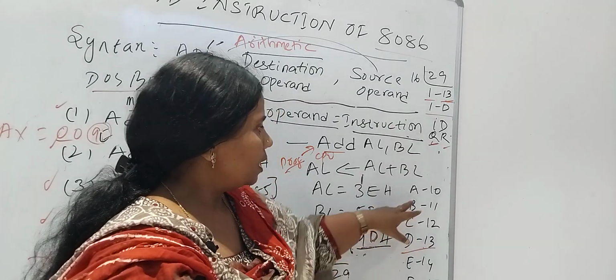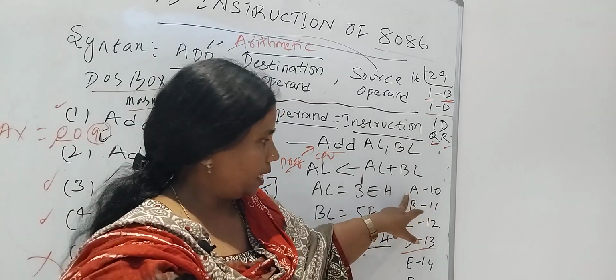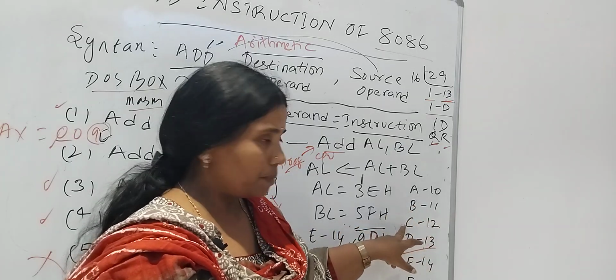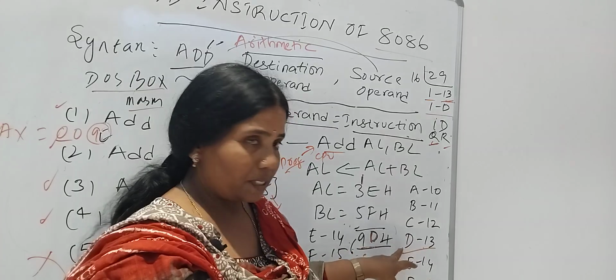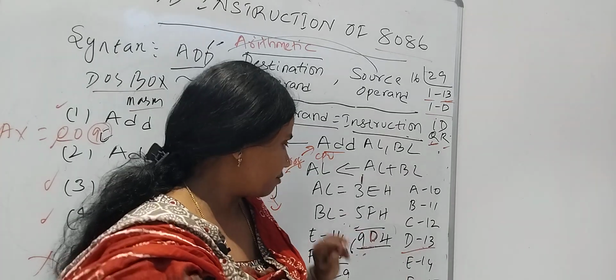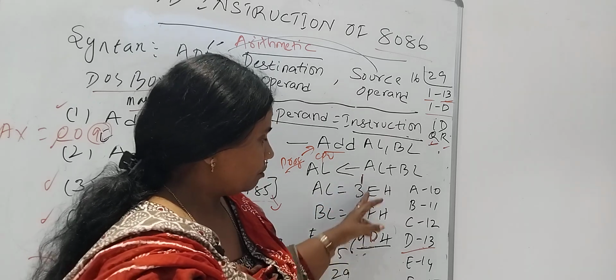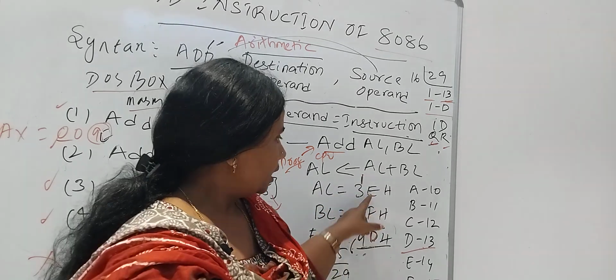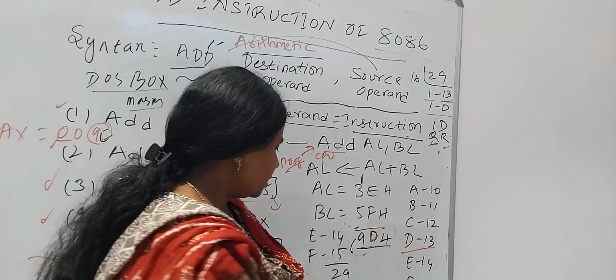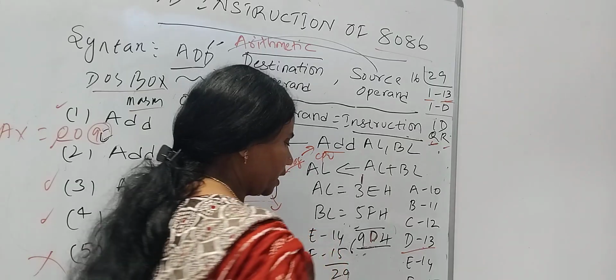You already know that 10 is represented as A in hexadecimal, 11 as B, 12 as C, 13 as D, 14 as E, and 15 as F. Here we have to add digit-wise. E plus F, that is E is 14 and F is 15. If you add this, you get 29.